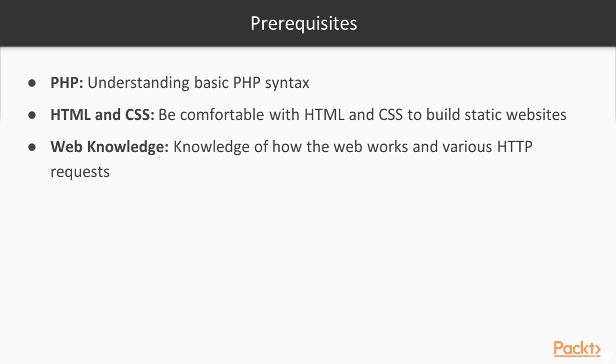If you've built a static front-end website before, you'll have the knowledge you need to continue in this course. We'll talk about making it dynamic, how to use the templating engine, everything like that. So just have a basic understanding of HTML and of course CSS as well. Finally, you need some basic web knowledge. How do HTTP requests work? What's the life cycle of an HTTP request and stuff like that. Just understanding that is going to allow you to speed through this course and get a lot more out of it.